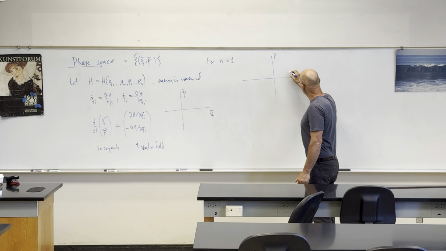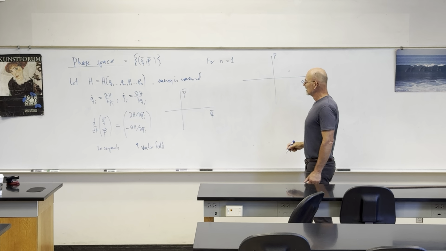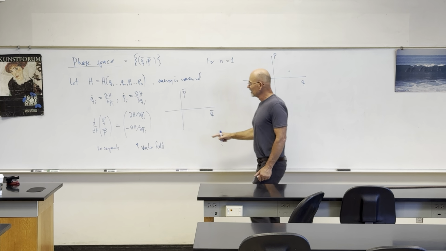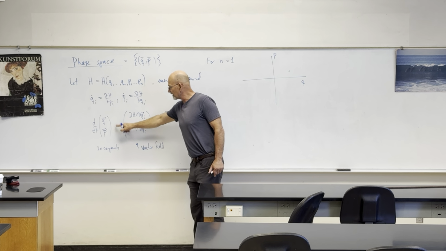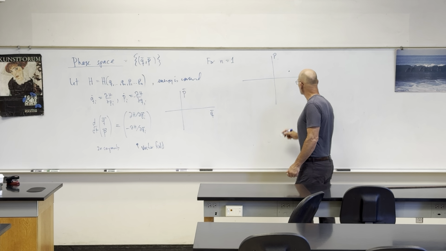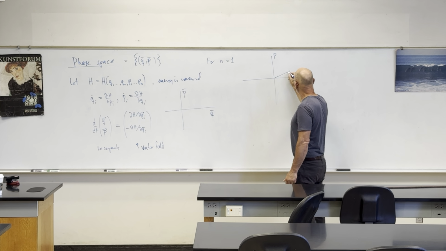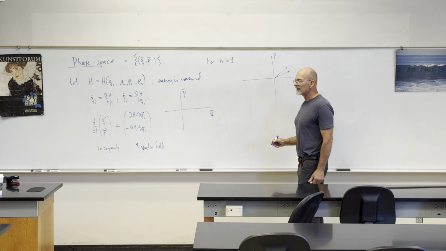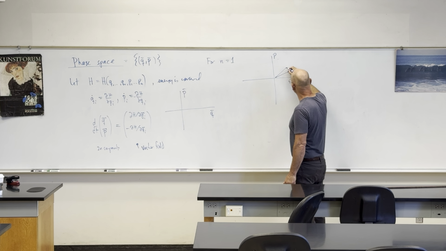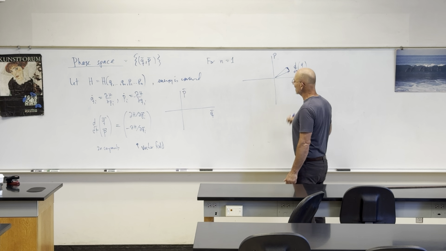But for n equals 1, we really do have this q and p. And any point in phase space here is moving. Since it's a complete time derivative of this vector, if it starts here and ends up there, then this is your d over dt of q, p.